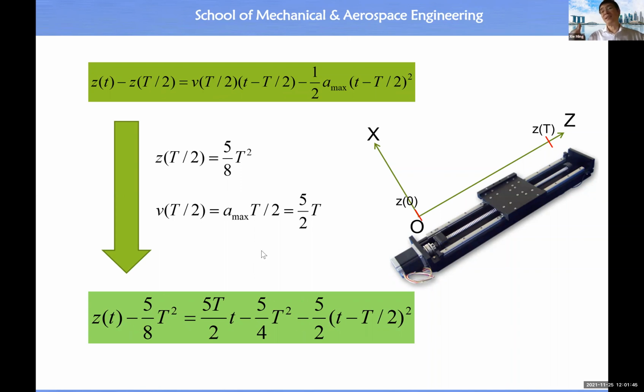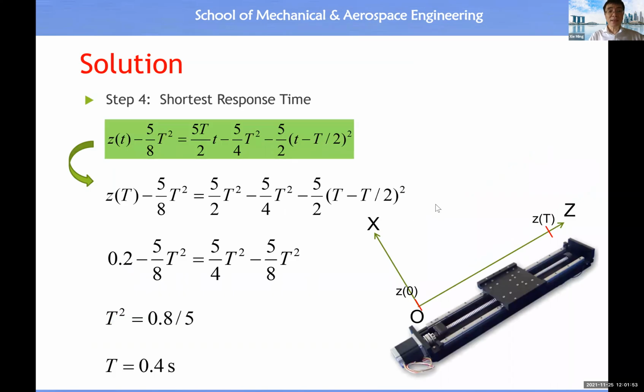Then we use the condition that when t equals capital T, the travel distance equals 20 centimeters, so it means 0.2. Therefore, we have a single equation with a single unknown, capital T. From here, we know T squared equals 0.8 divided by 5. Then T equals 0.4 seconds. So this is the shortest traveling time achievable by this prismatic joint.